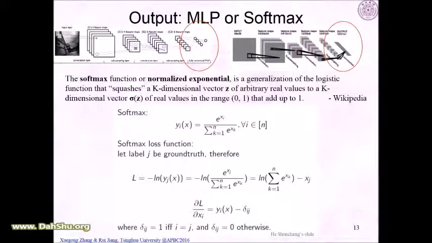So this is the Softmax. The X is the feature, and you take this exponential and normalize it as the outputs. With this we can calculate the error at this output or at the MLP, and we can calculate the gradient using this, and for the MLP it's the same thing.